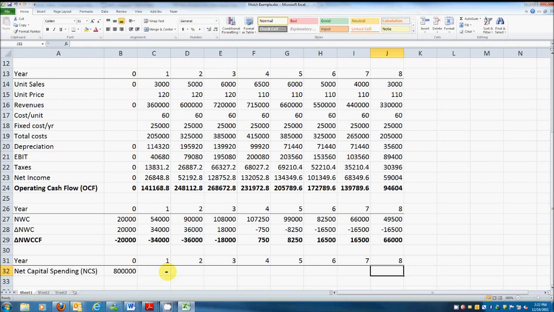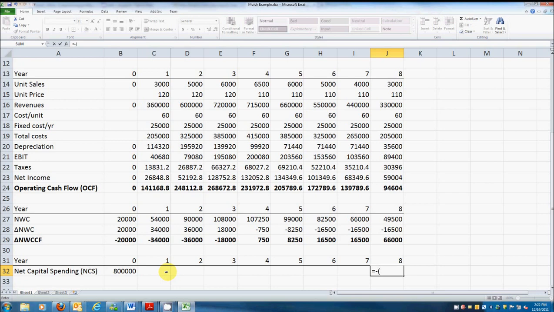Now, how do we account for that? After-tax salvage value is simply equal to the market value of the asset minus, open parenthesis, the market value of the asset minus the book value of the asset, close parenthesis, multiplied by the tax rate. And since this is going to be money coming back toward us, I'm going to start out by putting a negative.